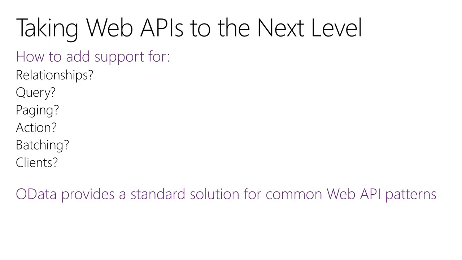So OData has been around for a long time, so I'm not going to go too deep into OData. The thing about OData is it's great because it is a standardized way to do a lot of these things. But a lot of people these days go with REST, which is just a little bit cleaner, a little bit smaller, and doesn't seem to be as cumbersome as using OData.